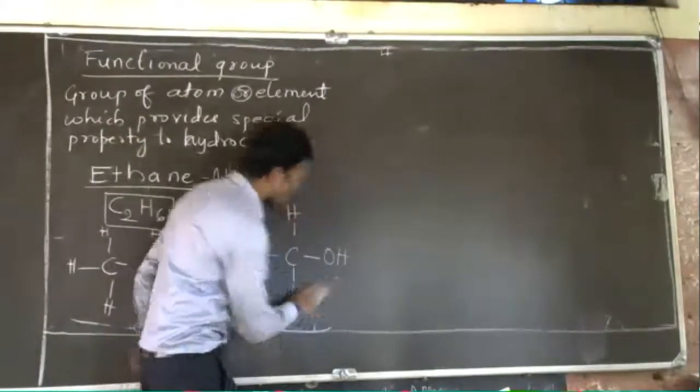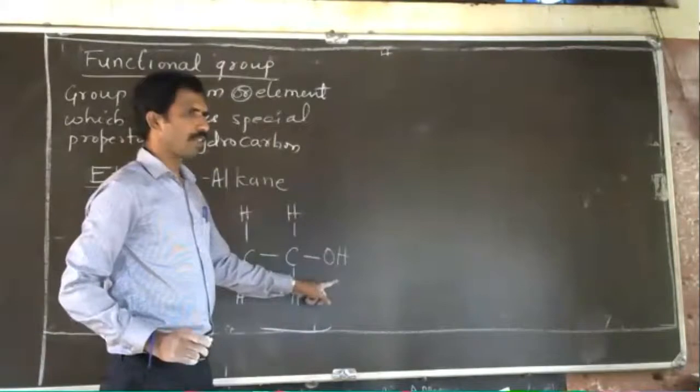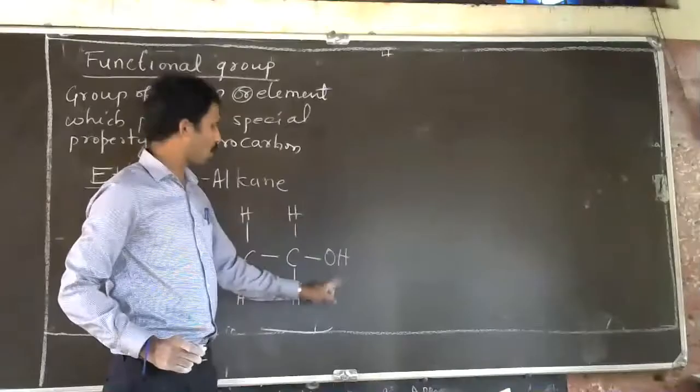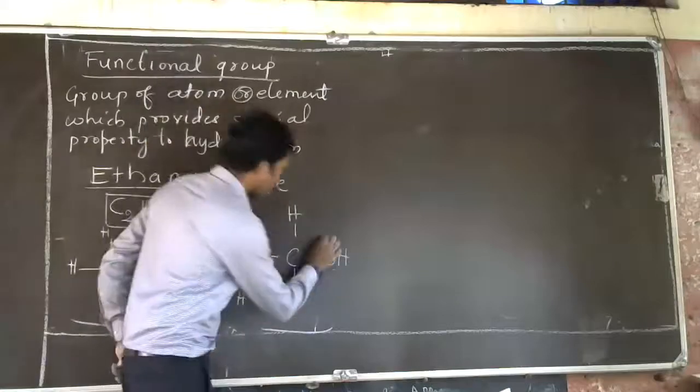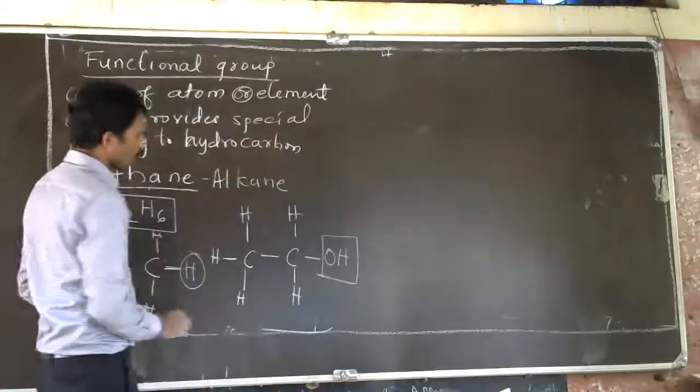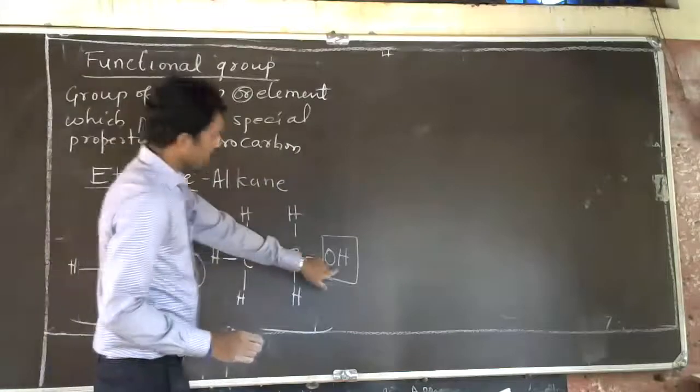OH is alcohol. The functional group is alcohol. Here, when OH is added, this is the functional group.